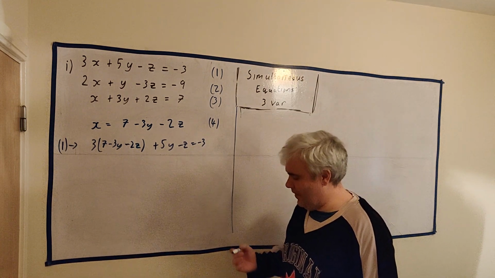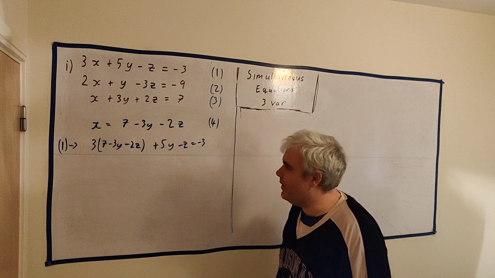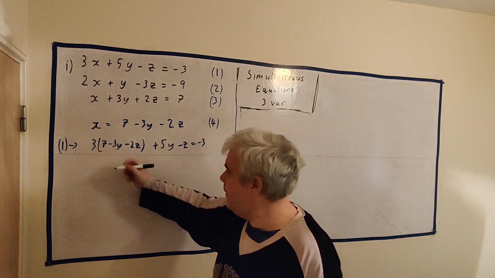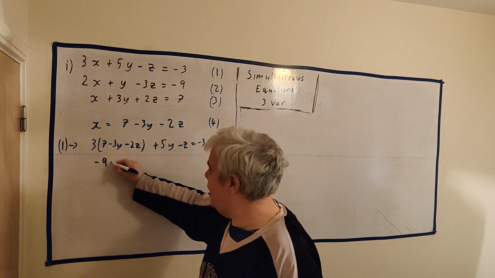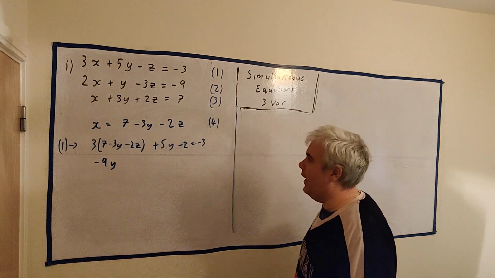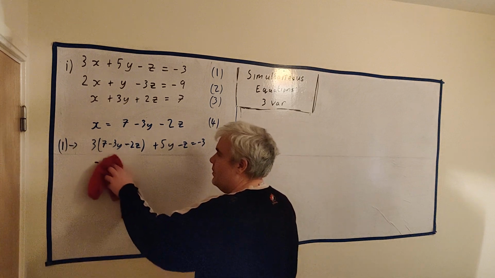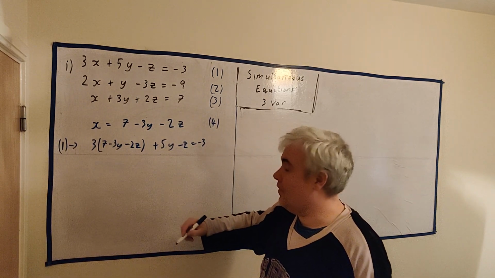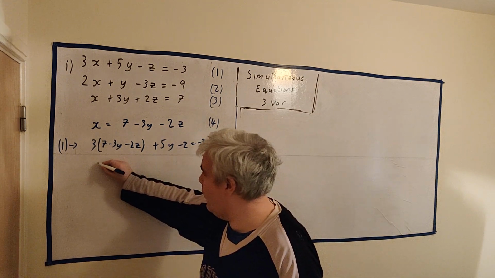And now let's go a little faster, since this is a more advanced topic. Let's get all the y's together. This is minus 9y. Minus 9y plus 5y is minus 4y.